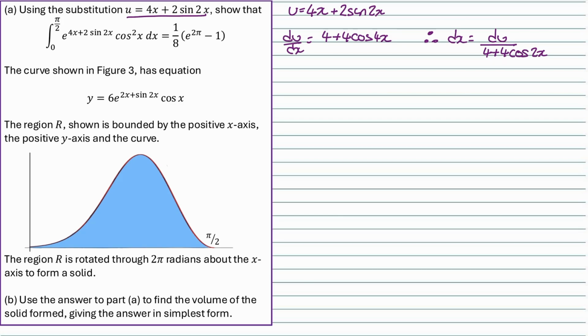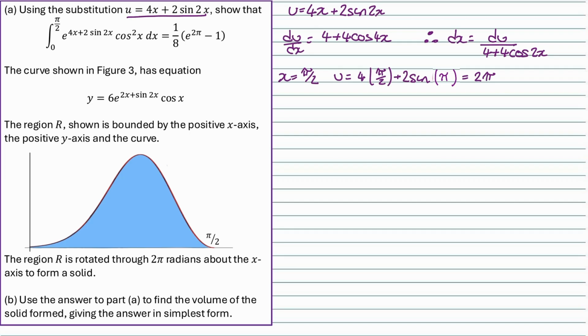And now we need to change the limits. The pi over 2 and the 0 are both in terms of x, but we need them in terms of u. So if x equals pi over 2, then u, substituting the pi over 2 into here and here, we'll get 4 times pi over 2 will just give us 2 pi.